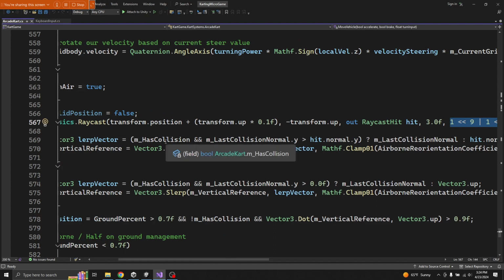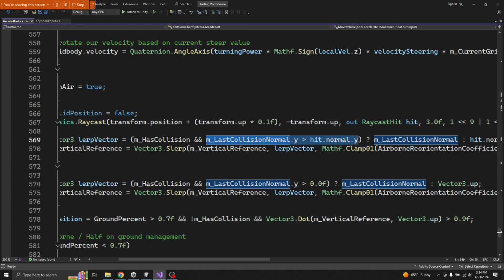We're going to say, if we have a collision, if we're touching something, like touching the ground, and our last collision normal, wherever that was recorded, if the y is greater than whatever we just hit. Okay. So whatever we last hit, its normal, its orientation.